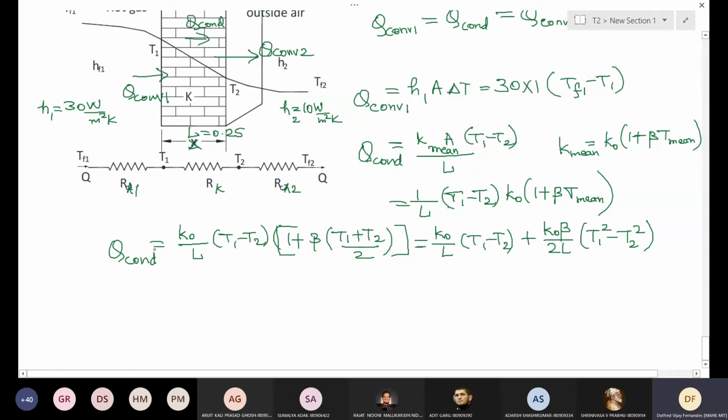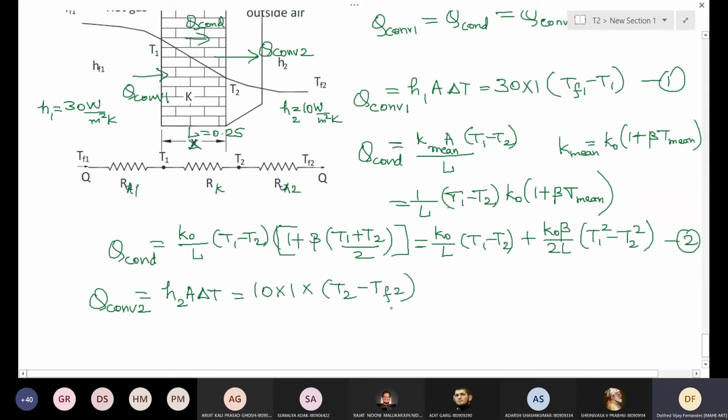Okay, next. Let's say this is convection 1, this is 2. Next, Q convection 2. On the right wall, there is H2 A delta T. H2 is 10, area is 1, delta T is T2 minus TF2.